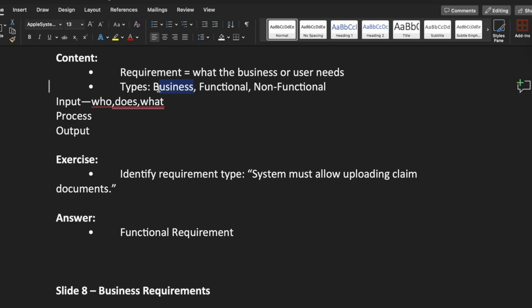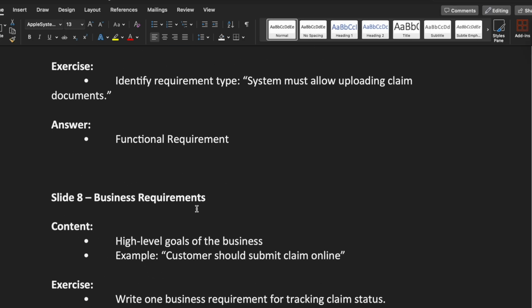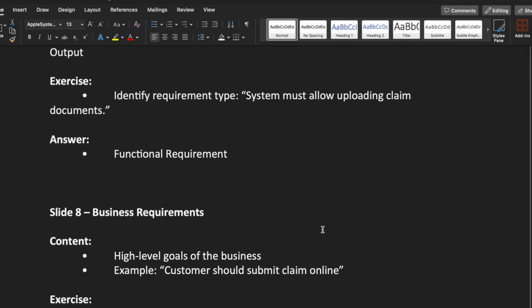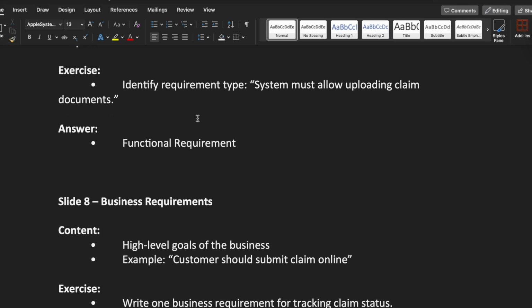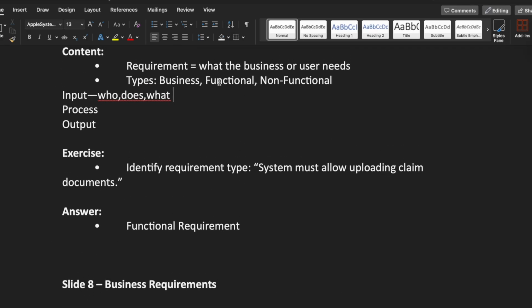Non-functional requirement means, like Prasad said, scalability. That's a good one, right? Now the solutions are built in the cloud. Let's say today you are building the claim app.